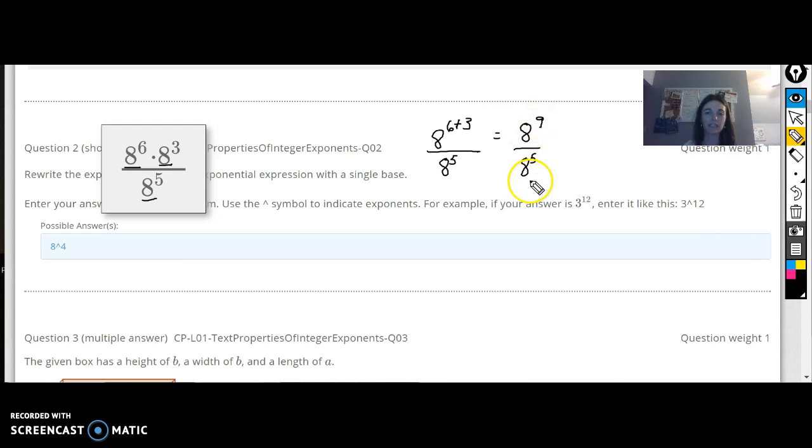Now I can subtract the 5 from the 9. 8 to the 9 minus 5 equals 8 to the 4th power. And when you type this in, of course, you type 8, shift 6, 4, and it'll look like a regular 4.